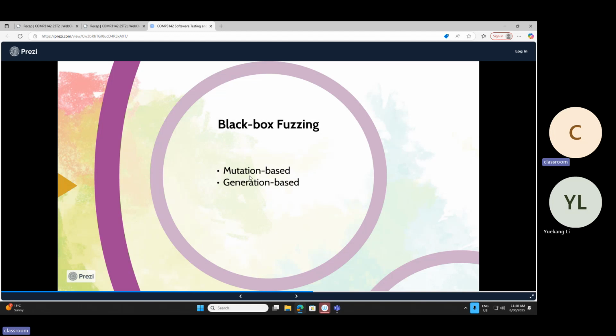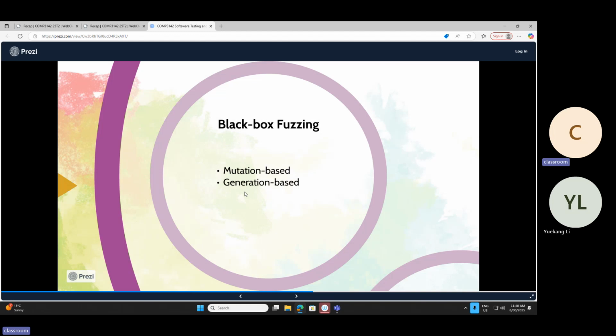So mutation-based fuzzing is more about, given an initial seed, we are going to do some mutations. We are going to change the content of the seed to create new test cases, right? However, for generation-based fuzzing, we don't have seeds. We are creating new test cases from scratch.